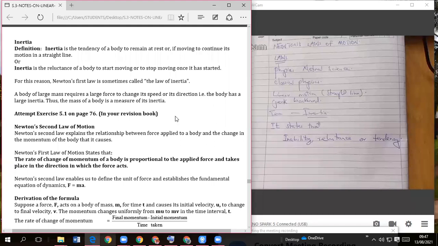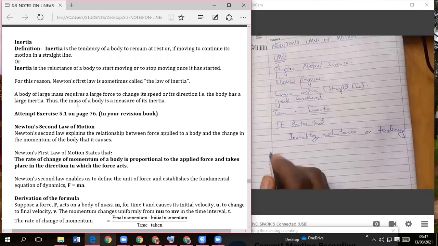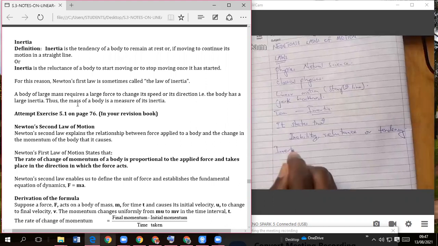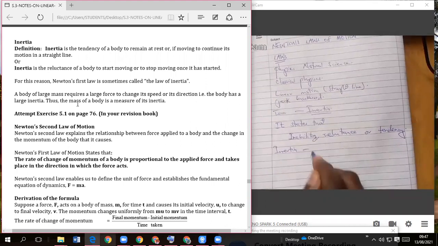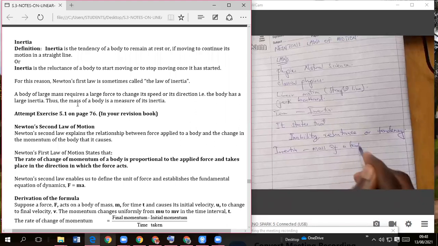So the body has large inertia. Thus, the inertia of a body is affected by only one factor. What is that factor? I remember discussing that at that time. Inertia is affected by the mass of a body.